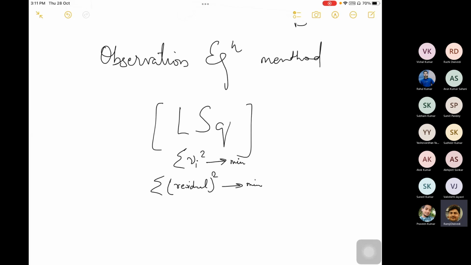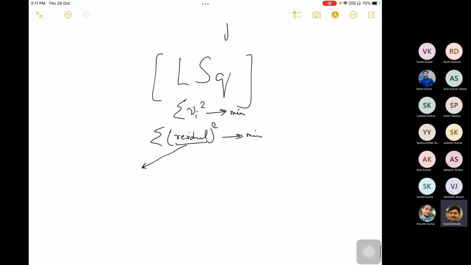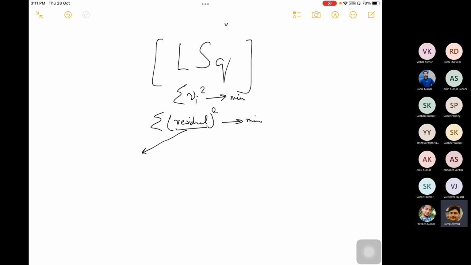At the same time, we are thinking about how these residuals are going to be prepared. By our first class definition, Vi is nothing but Li minus MPV. That means for any observation, its deviation from the most probable value is Vi.